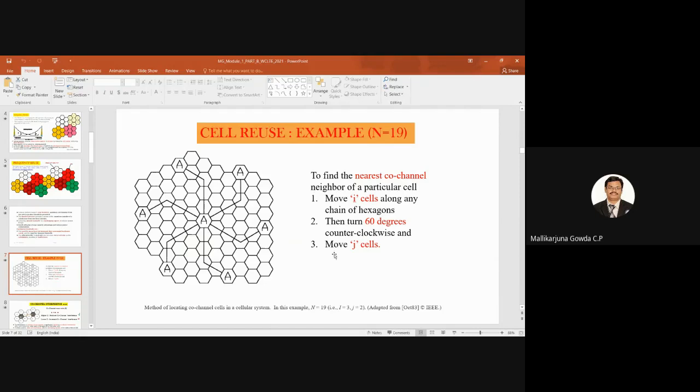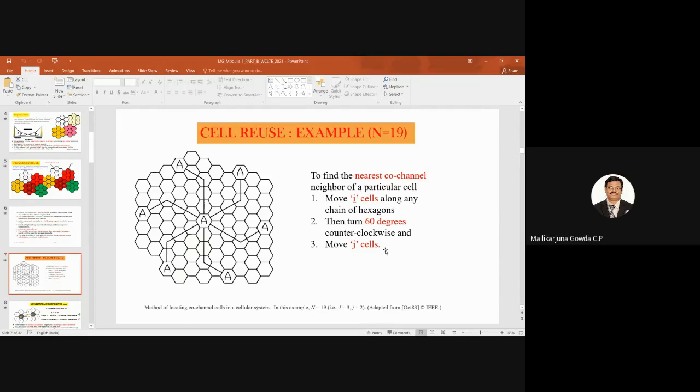There is an equation: N is the cluster size, which is equal to I square plus IJ plus J square, where I and J are integers. This is the procedure to locate the co-channel cell. I am giving you this extra information to help understanding.